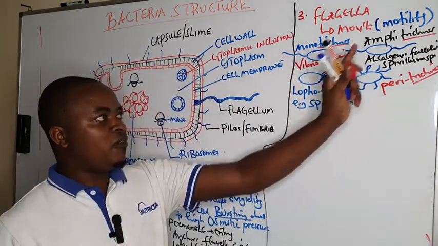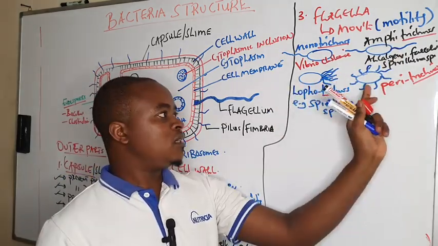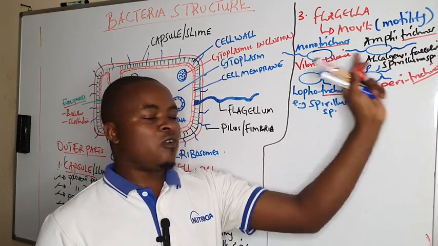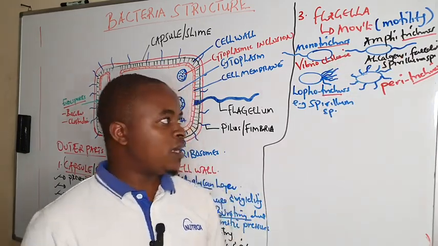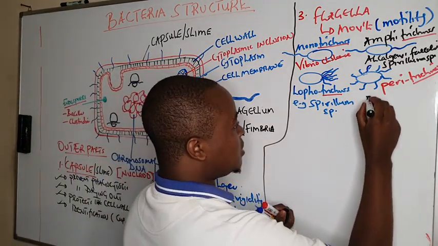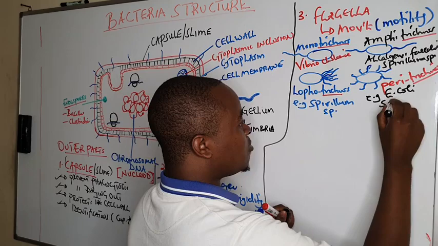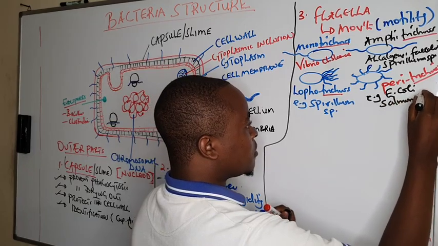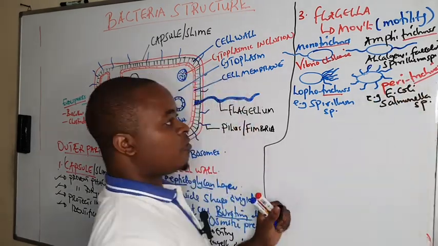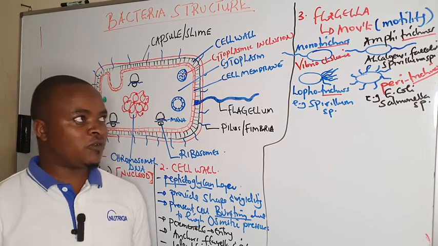Mono meaning one, amphi meaning two-sided, lopho meaning more than one at one end, then peri meaning all over the surface. Examples of bacteria with the peritrichous arrangement are E. coli and Salmonella species, which possess flagella all over the surface of the cell.